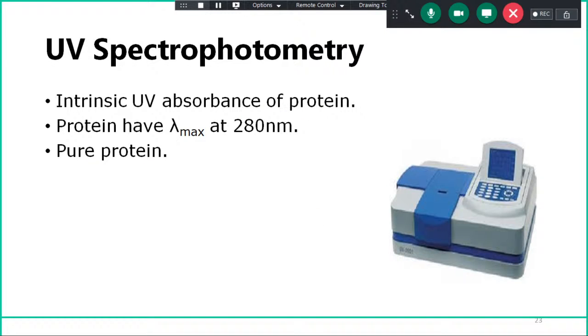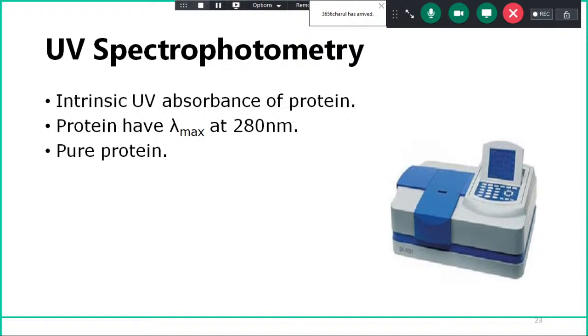UV spectrophotometry can also be used for the estimation of protein, and it is based on the intrinsic UV absorption of protein. Protein can absorb UV rays of certain wavelength, most commonly with maximum absorption at 280 nanometer.